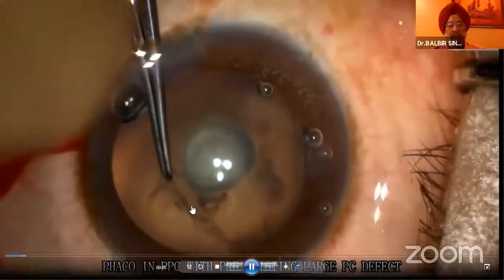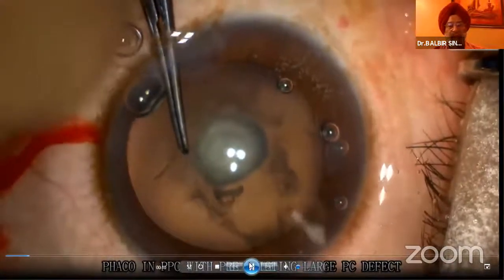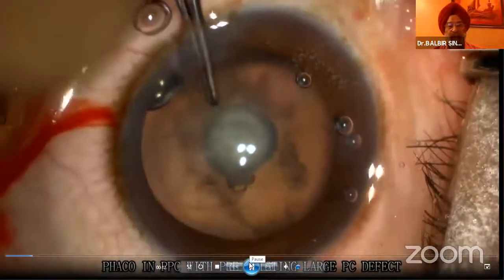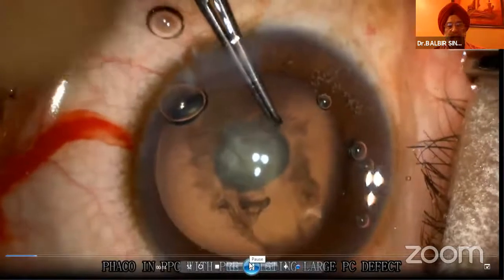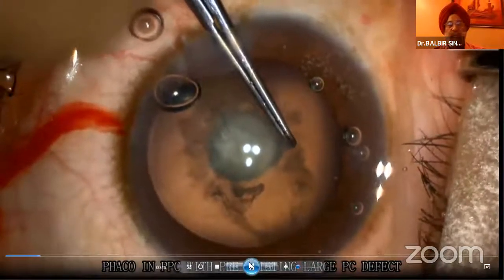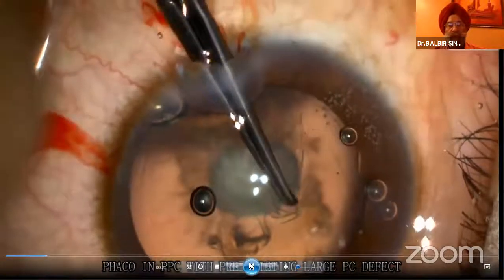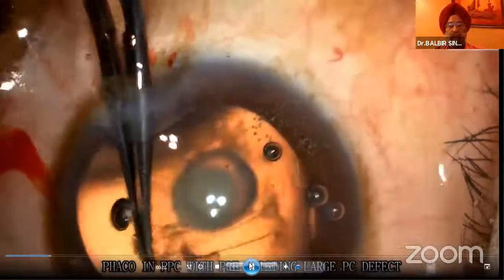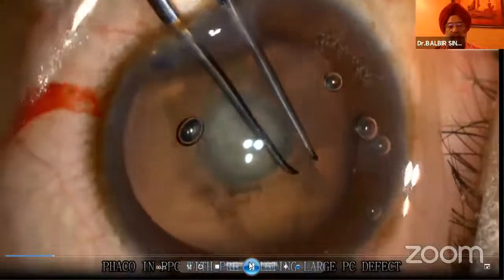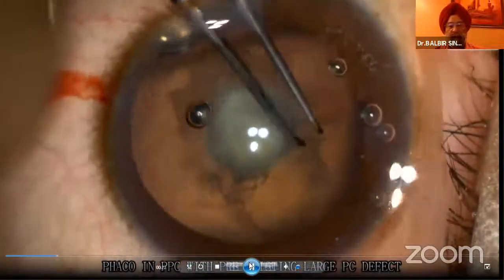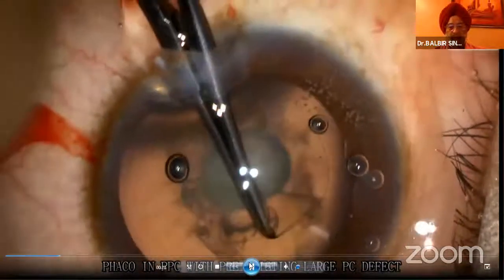So capsule access is not difficult. The lens is not very hard, the cortex is also very soft, and a good capsule access is done as usual.